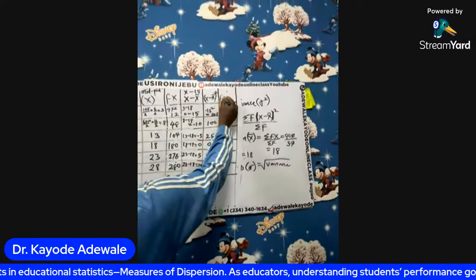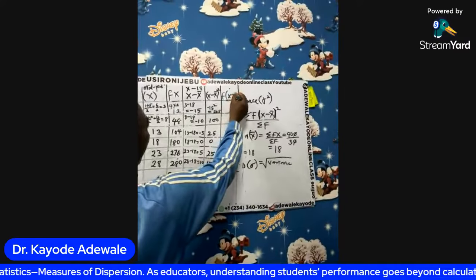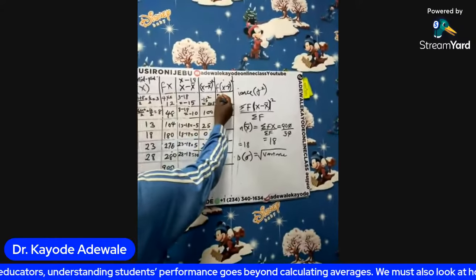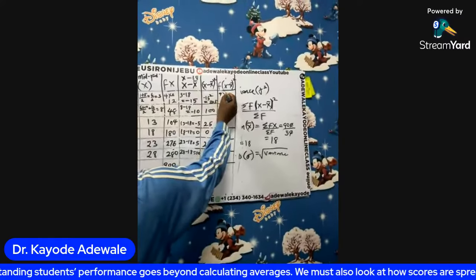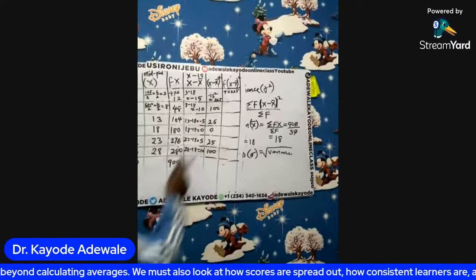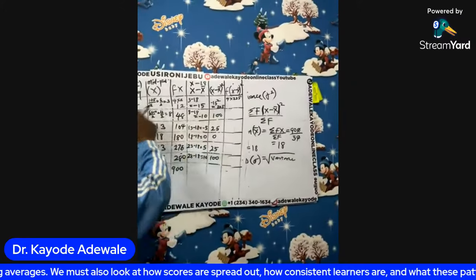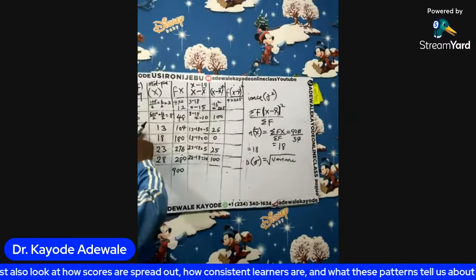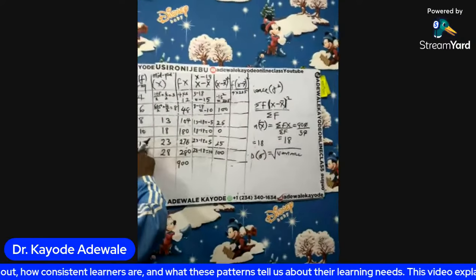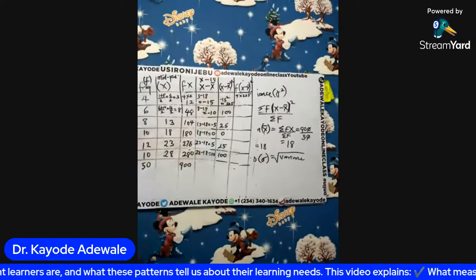So that is f multiplied by x minus x bar, all square. This is a point where you are going to find 4 multiplied by 225, 10 multiplied by 6, 25 multiplied by 8, 0 multiplied by 10, 25 multiplied by 12. That is why I showed you an example there.